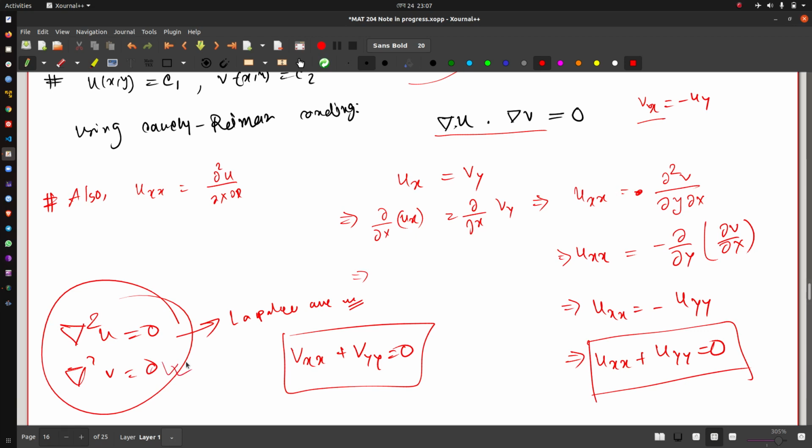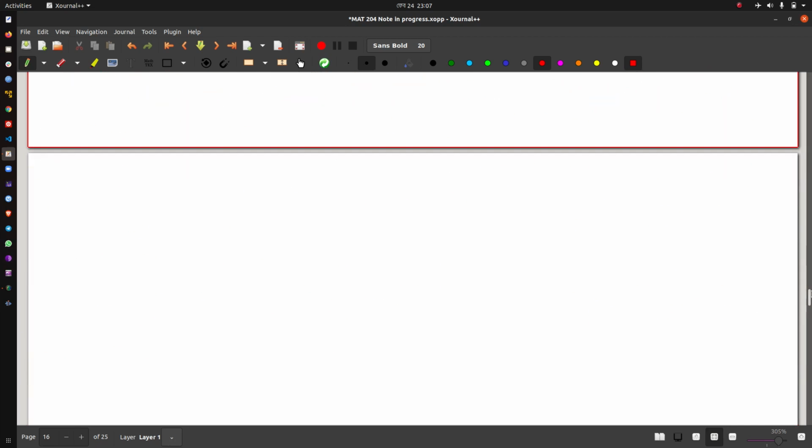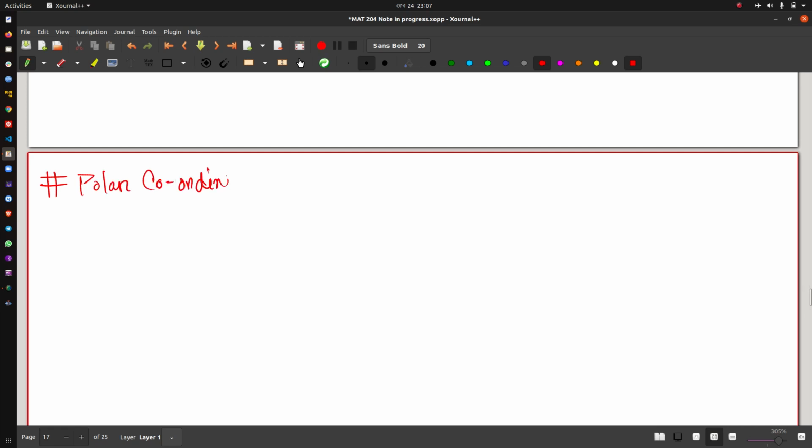Alright, now while discussing complex numbers, we went to polar coordinates as well. So is it possible to write Cauchy-Riemann conditions in polar coordinates? We want to see the form of the Cauchy-Riemann equations.